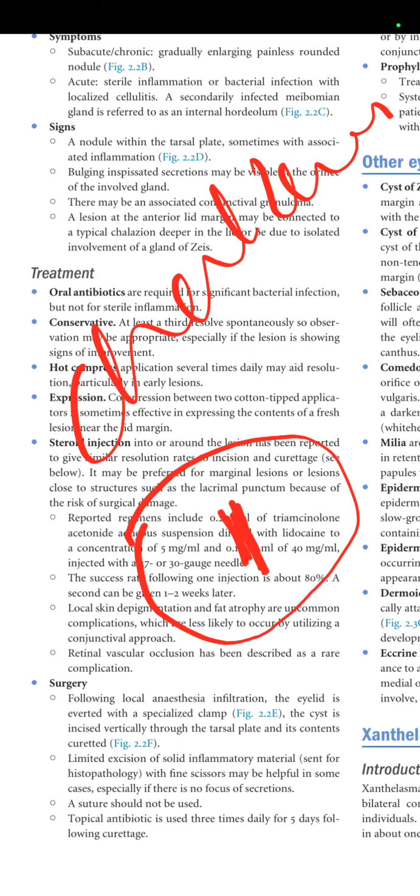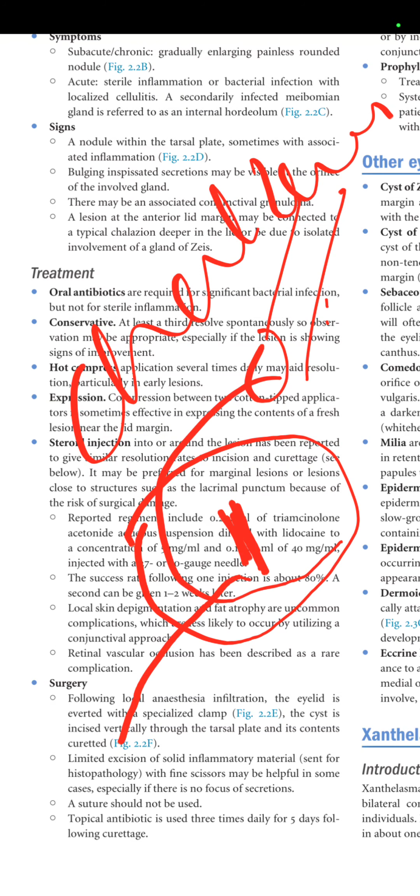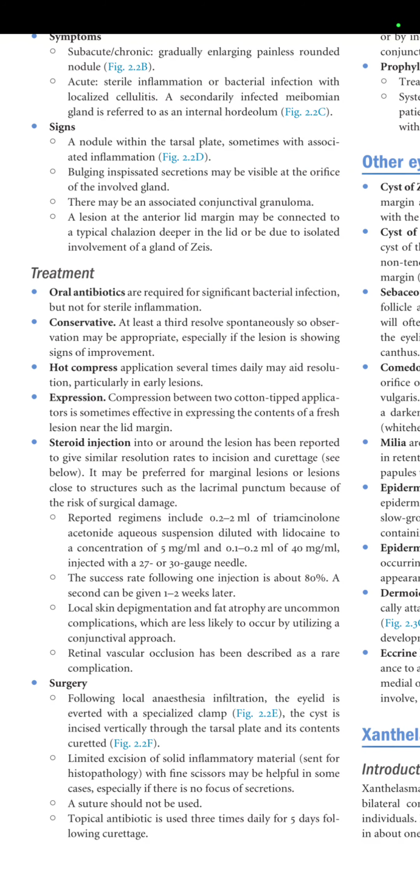Then you make a vertical incision into the chalazion, take the curette and remove all the secretions and material in it, and you can also send the tissue for biopsy. The incision is very small, and you do not need any suture after that. You can just give topical antibiotics for 5 days after the removal.